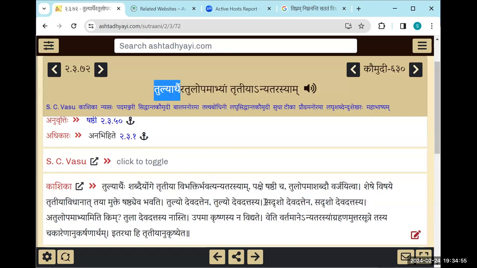Therefore, all synonyms will come. But it should not be with the word Tula, and it should not be with the word Upama. Then Tritiya won't come. Therefore, Upama Krishnena you cannot say. Upama Krishnasya na vidyate.